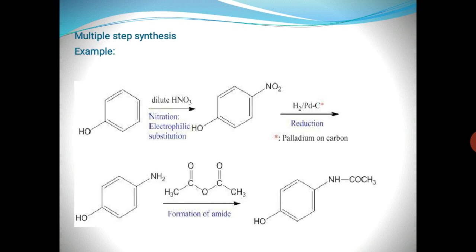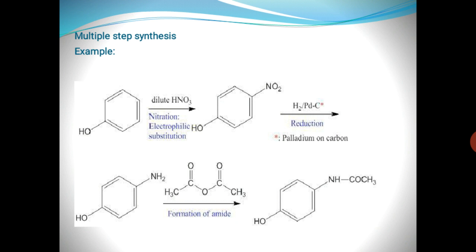Now one example is here for multiple step synthesis. Here we take phenol. Phenol in presence of dilute HNO3 is a nitration reaction, or you can say electrophilic substitution reaction. Here phenol gets converted into para-nitrophenol.